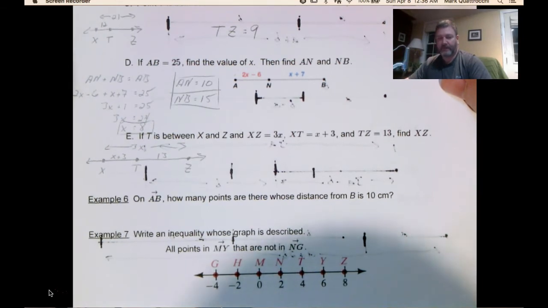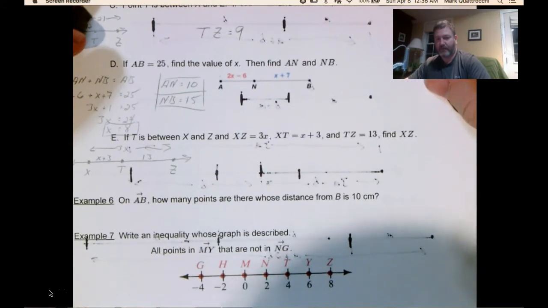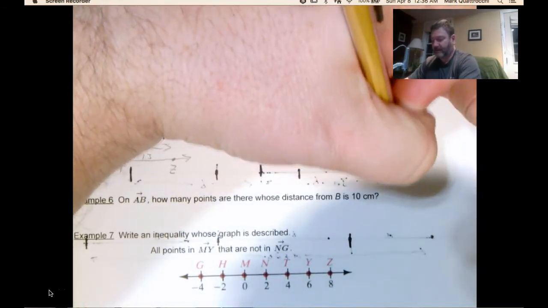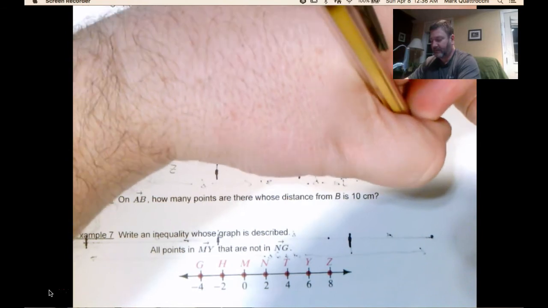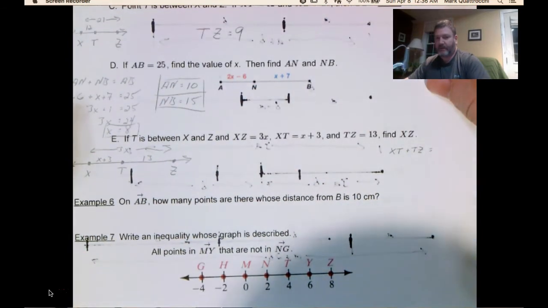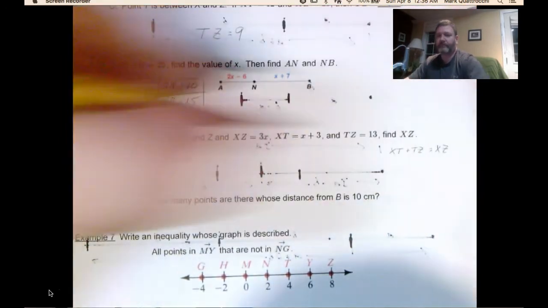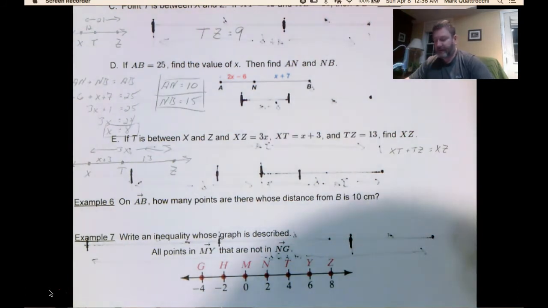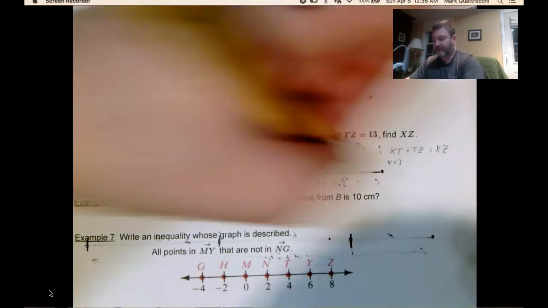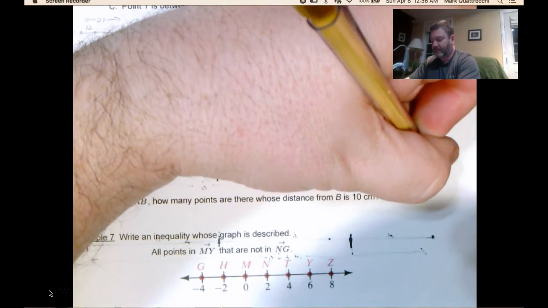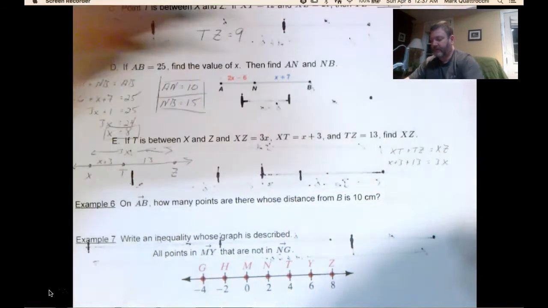So again, segment addition postulate. And what segment addition equation can we write out? Well, we can say the measure of segment XT plus the measure of segment TZ equals the measure of segment XZ. XT is X plus 3, plus TZ, which is 13, equals XZ, which is 3X.